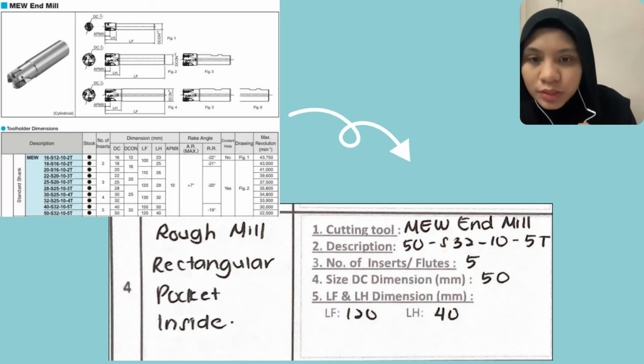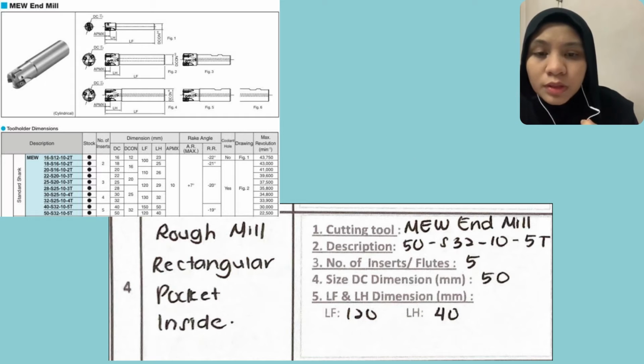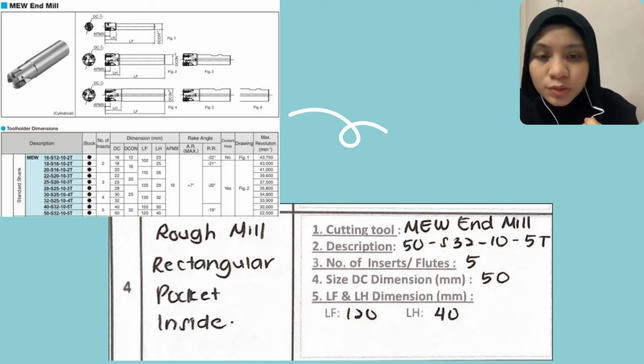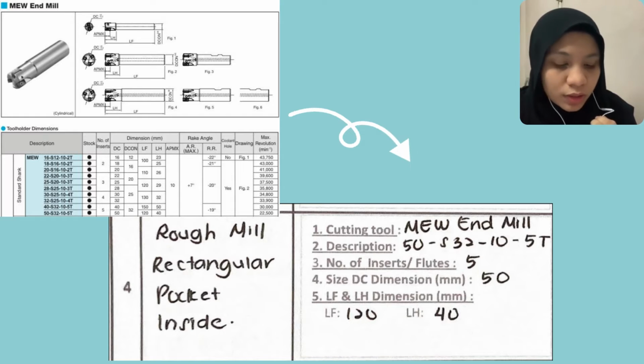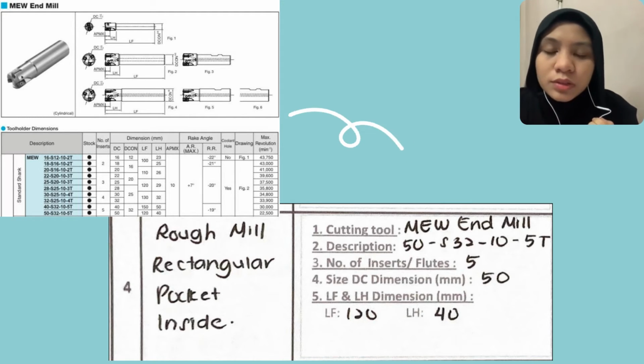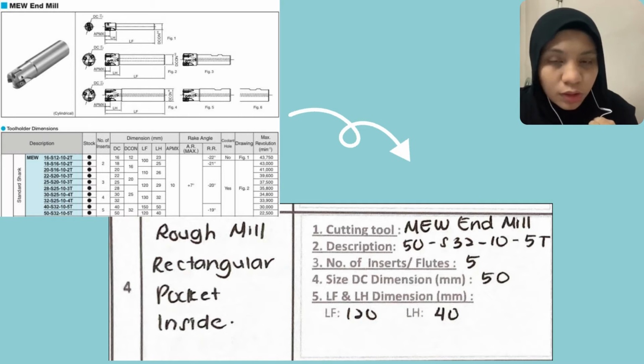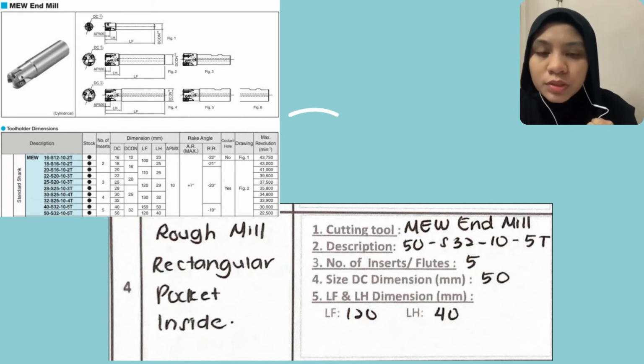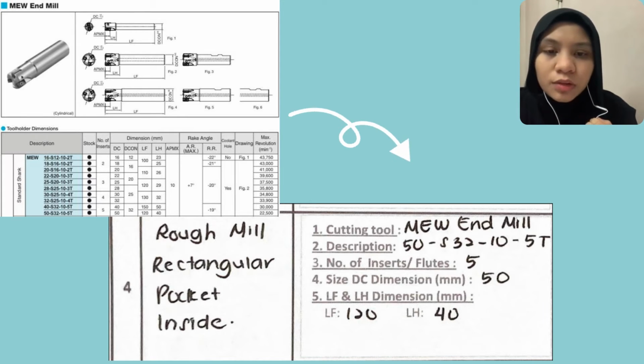For this process, we use a cutting tool of end mill. To know the description, we have to first know the size DC dimension of the block that this process is used on. The reason I got 50 is because I took the horizontal dimension of the block, which is 100, and divided it by 2, then I got 50.